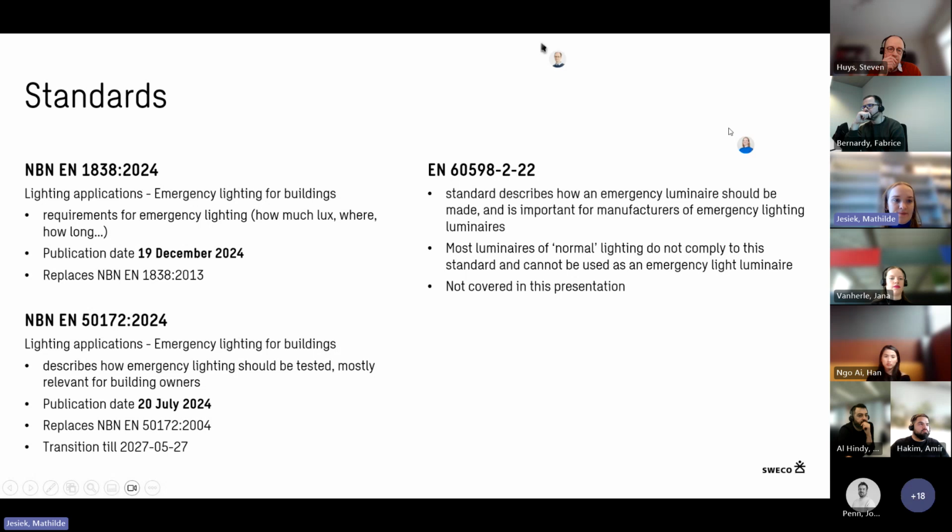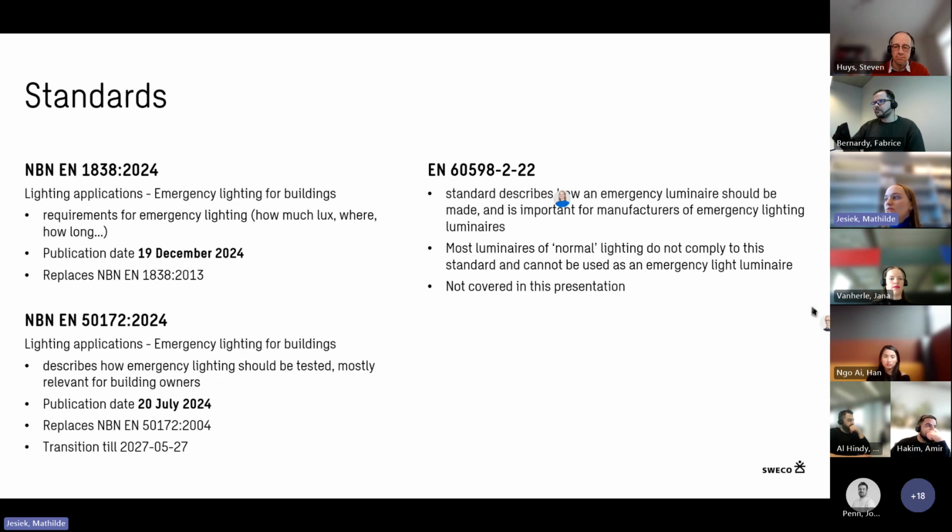All right. So you have 3 standards. This one will be mostly talked about today: how do you design an emergency light system for a building? On the other hand, you also have this norm, the 5172, which is more about testing emergency lighting. And then you have this one, which is more of a product norm.